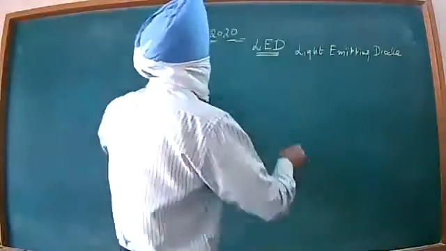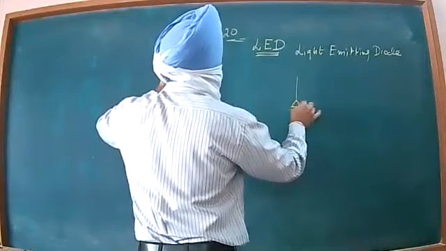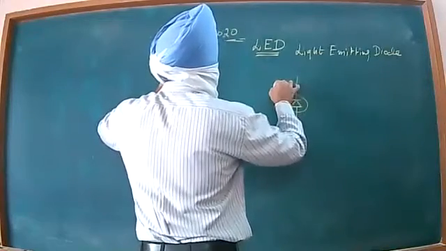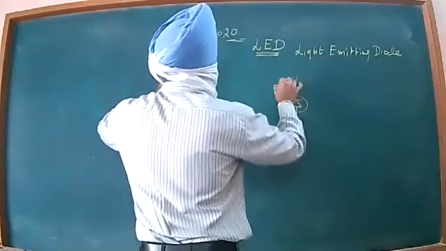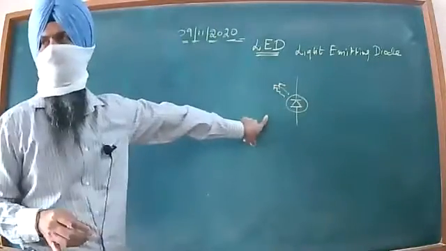I mean to say that if we have this type of PN junction diode, you can show something like this, indicating the light being emitted constantly.